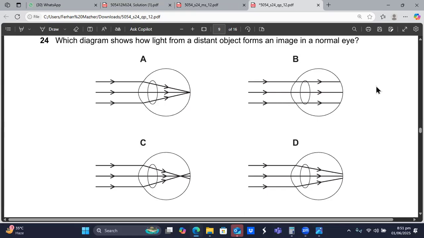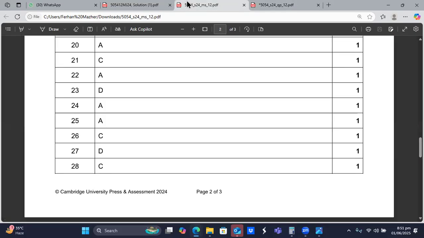So when those light rays pass through the lens of your eye, it converges them. And in a normal eye, it is perfectly converged on the retina. So it should be perfectly converged here on the retina. I think A is the option. So question number 24, A is the right option.